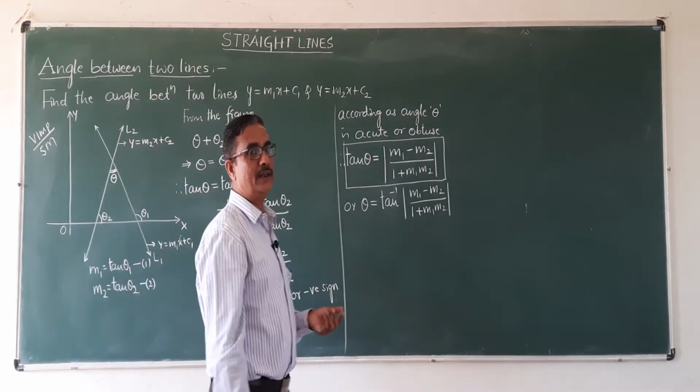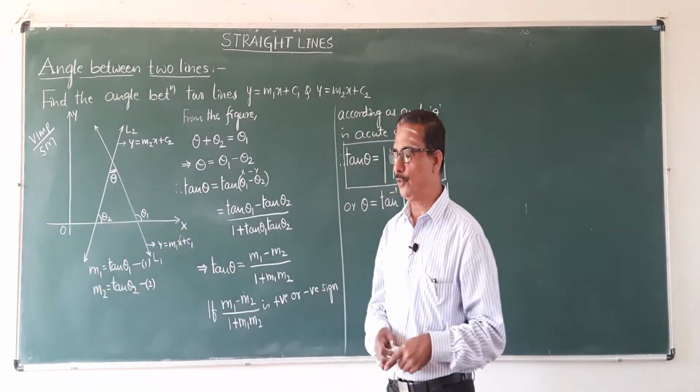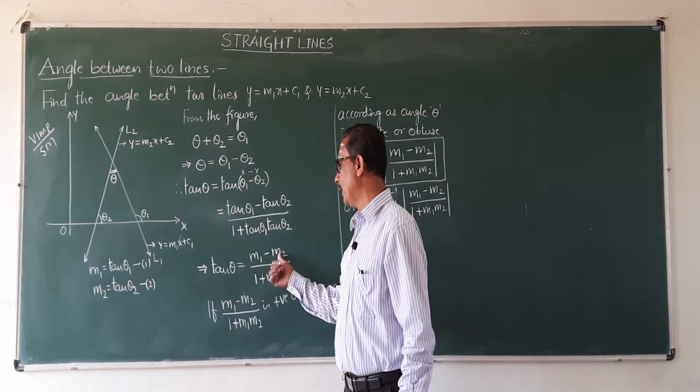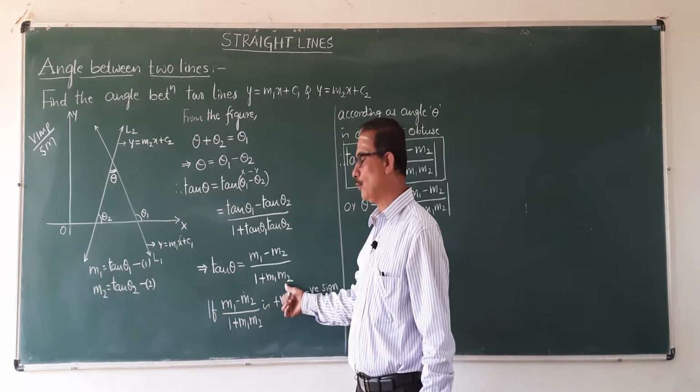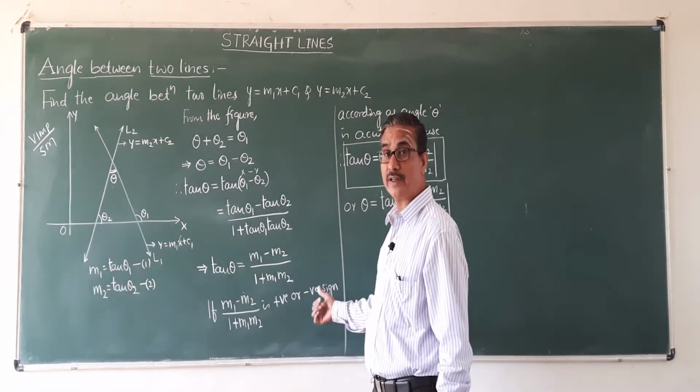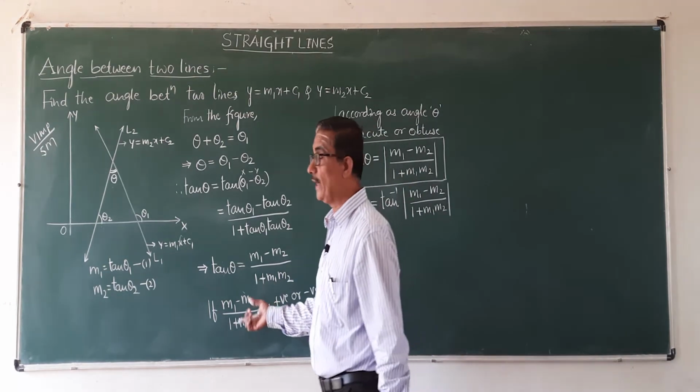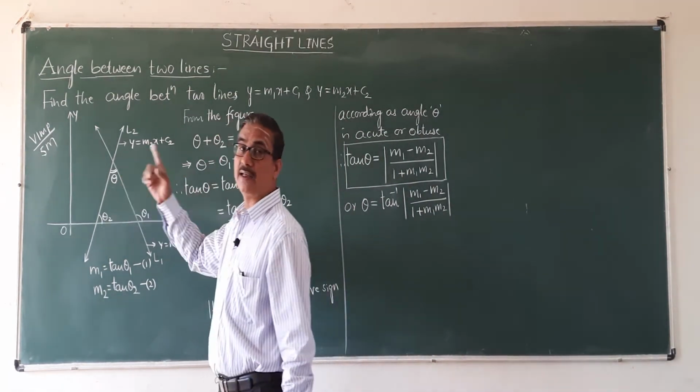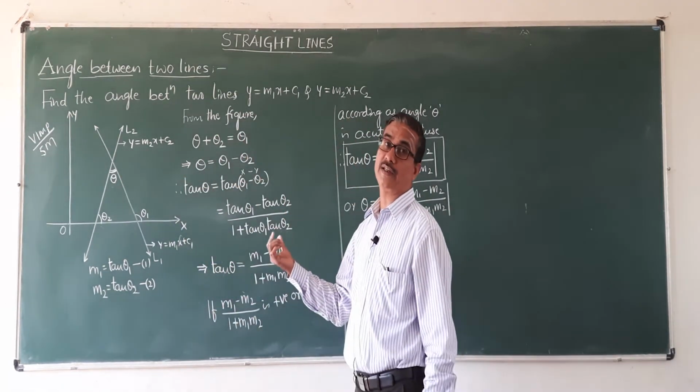After substituting the values of m1 and m2, m1 minus m2 by 1 plus m1 m2 is positive or negative according as angle theta is acute angle or obtuse angle.